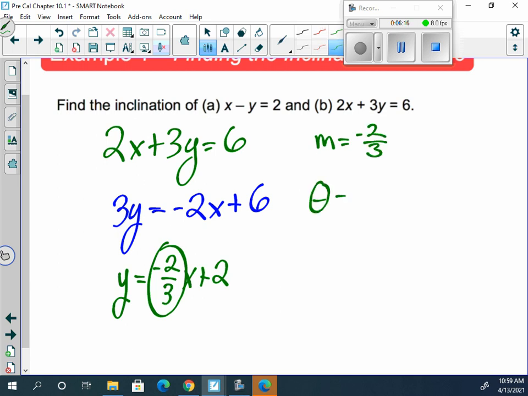And our angle would equal tangent inverse of negative 2/3, okay? Negative 0.588.